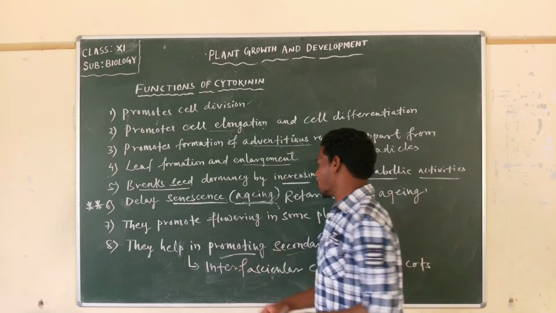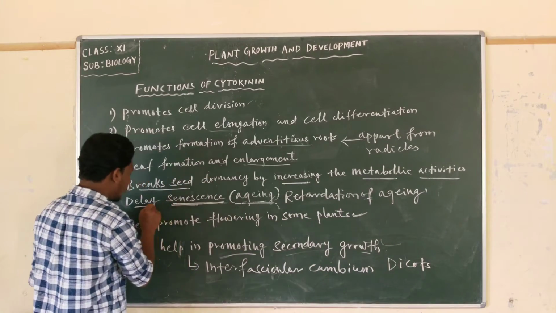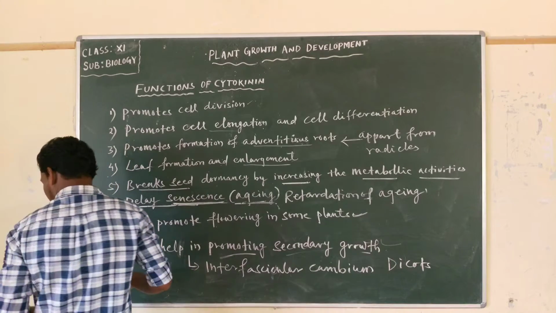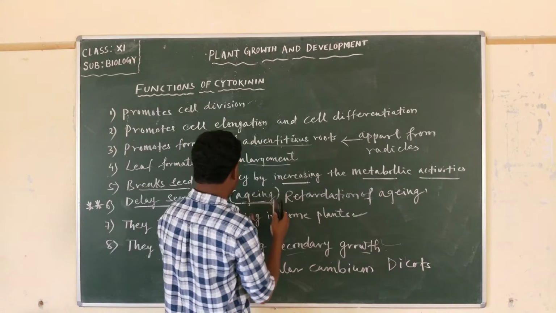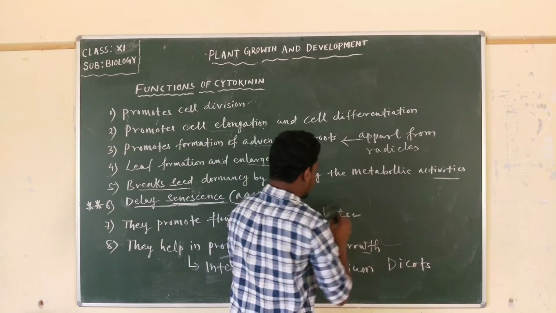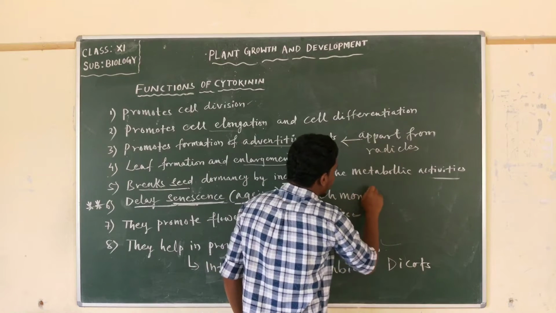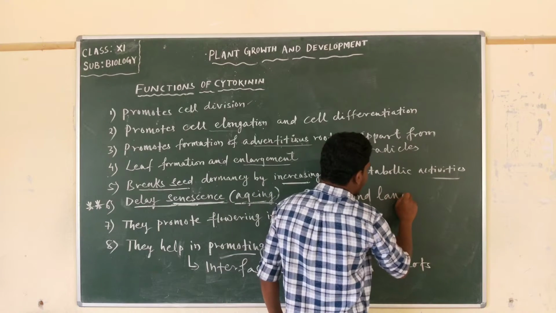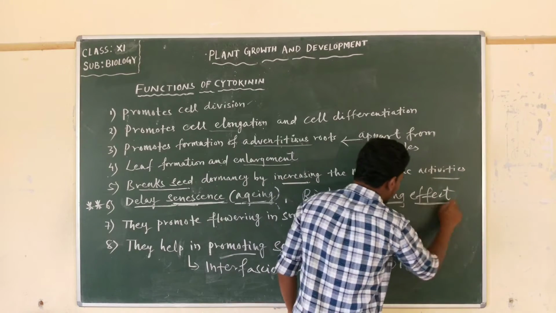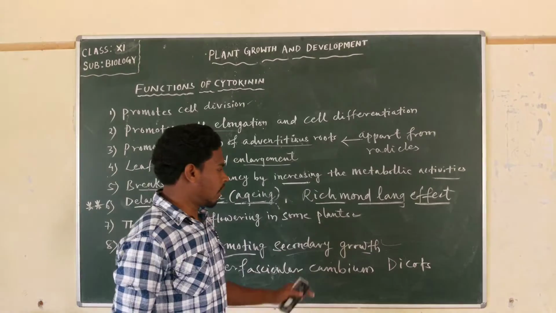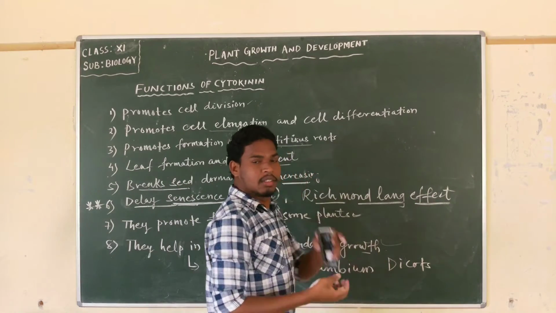This delay of senescence is also known as the Richmond-Lang effect. And why it is known as the Richmond-Lang effect is, they have taken two leaves.